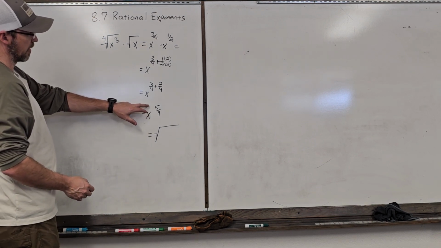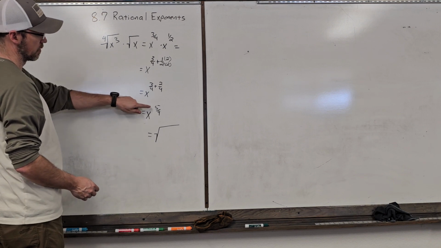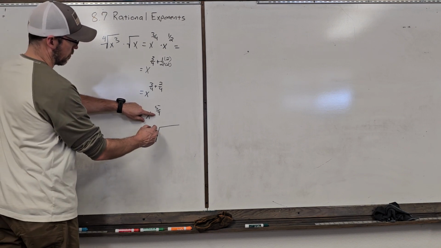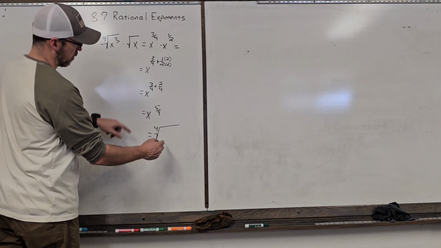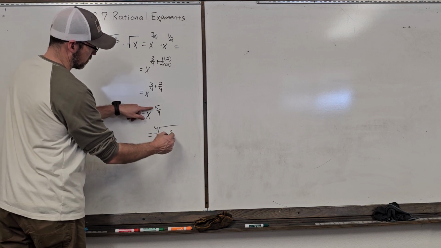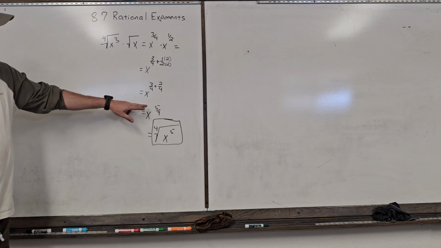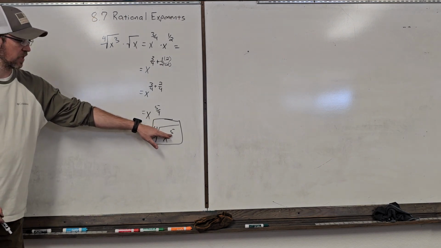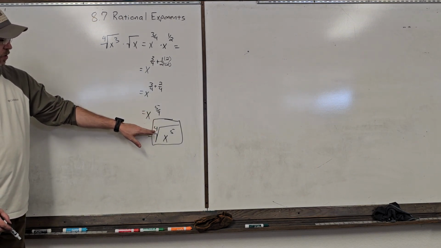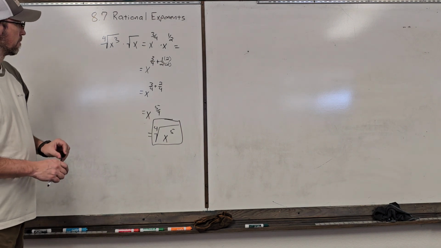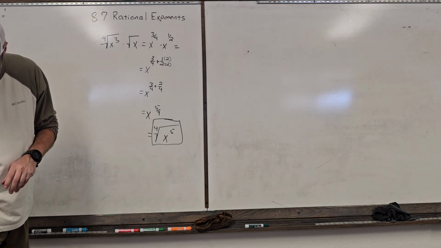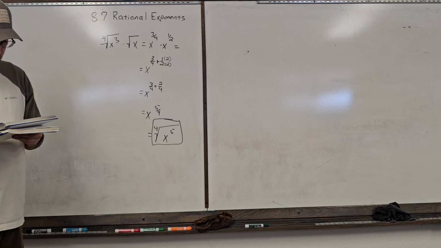So which one goes on the outside? It's going to be the one on bottom, right? The 4th root of x to the 5th. The numerator always goes as the exponent, the denominator always goes as the index.